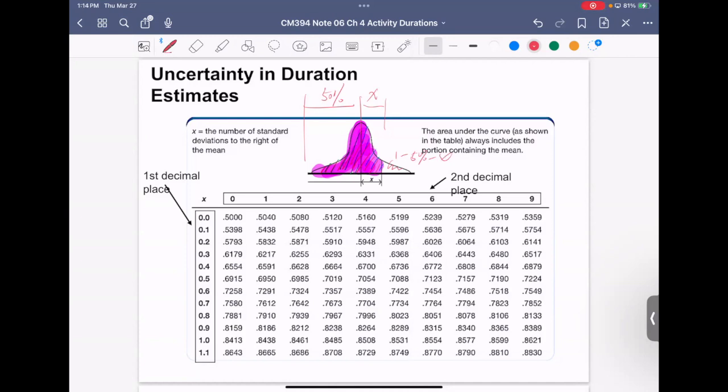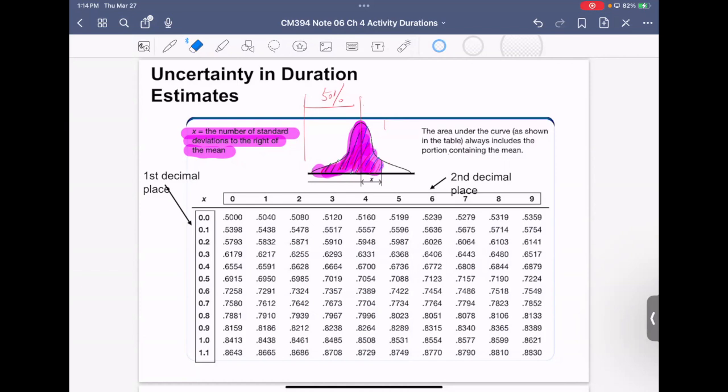So the x over here is not this x. This is x percentages. The x over here is the number of standard deviations to the right of the mean. So don't be confused with this x. I'm going to remove this one. So this x in this table is the number of standard deviations to the right of the mean.